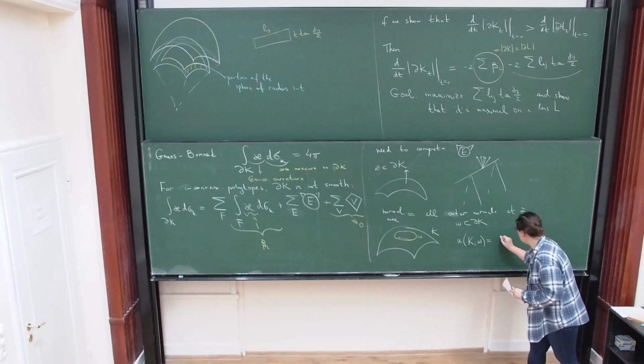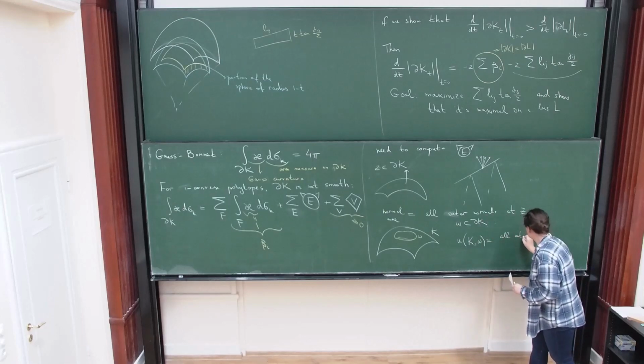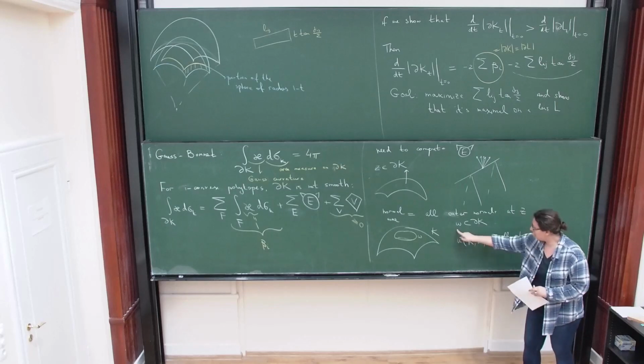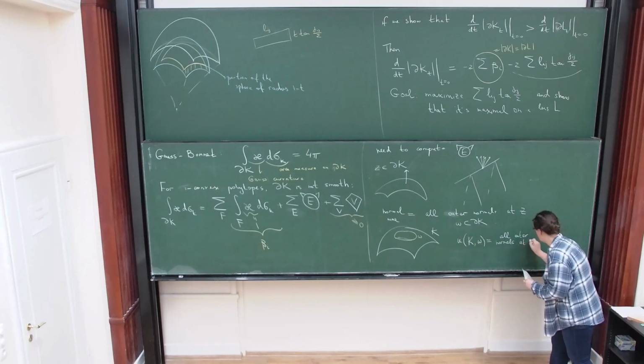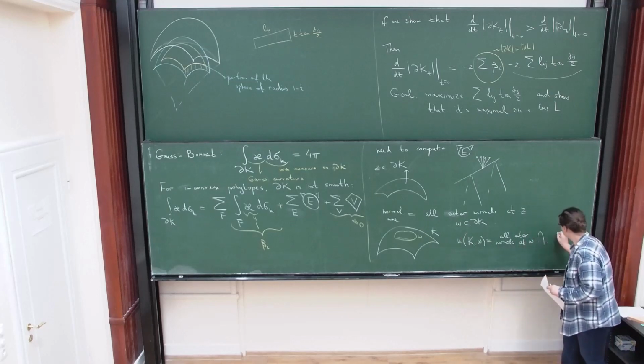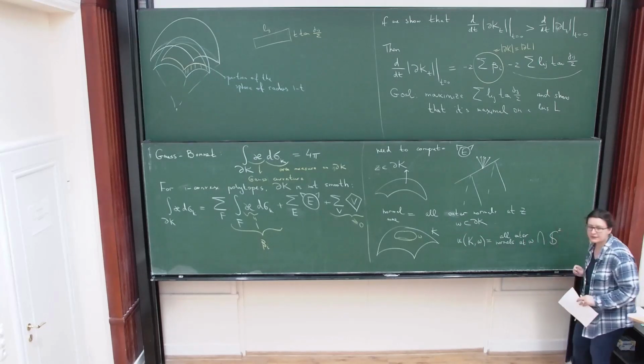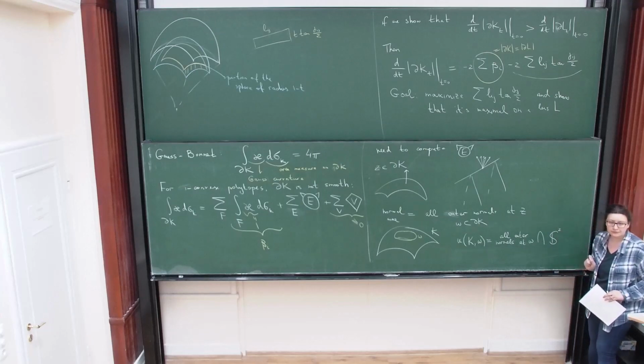This is all outer normals at the points of this region, which now lie on the unit sphere.